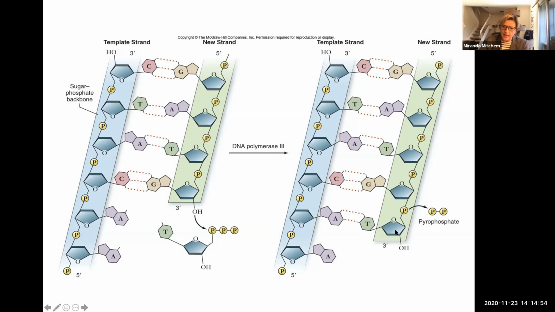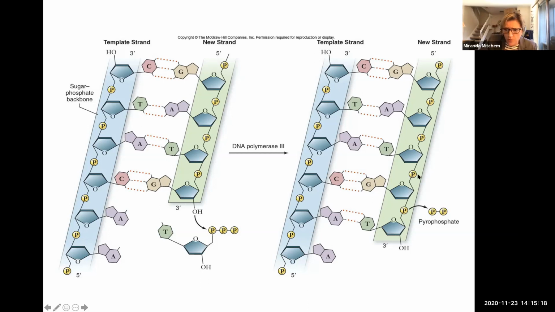So it's only happening at that 3' end. And the reason why is because there needs to be the opportunity for the covalent bond to form in between the existing end of the DNA molecule and what's coming on next.